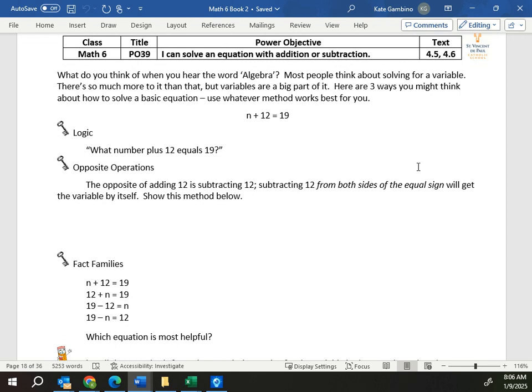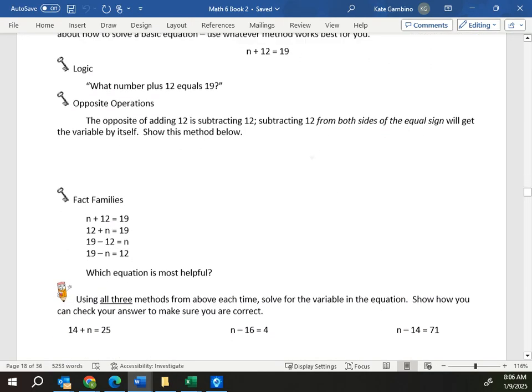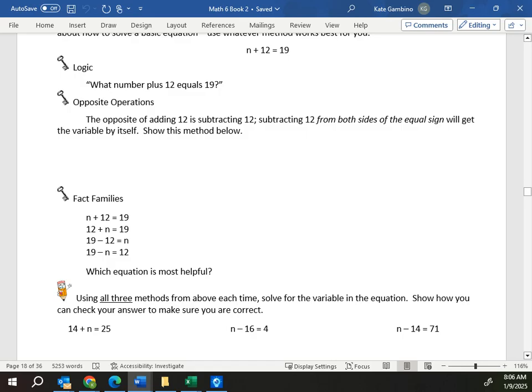Okay. So, our 3 different ways we're going to look at to solve n plus 12 equals 19 are logic, opposite operations, and fact families. So our logic, if we have n plus 12 equals 19, we put it into a question: what number plus 12 would equal 19?